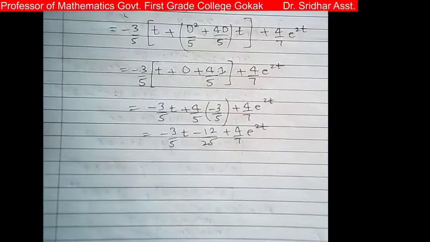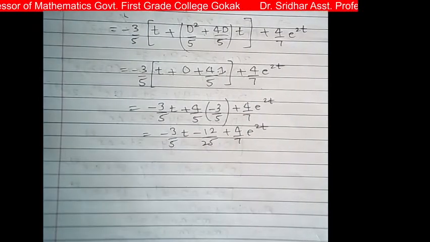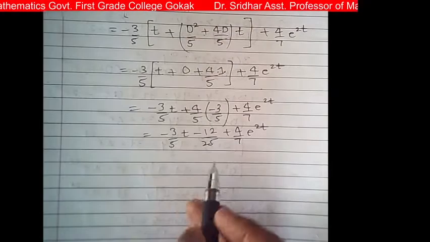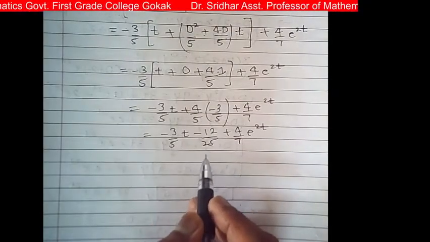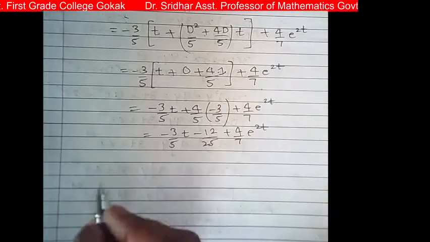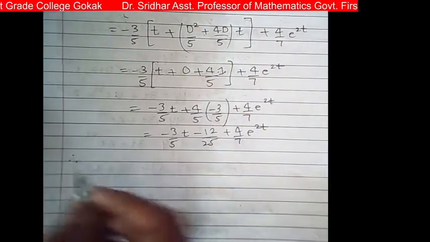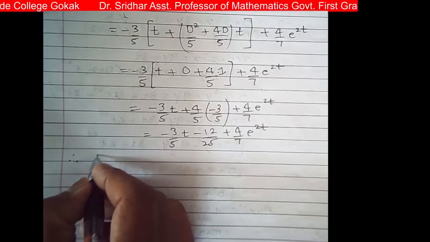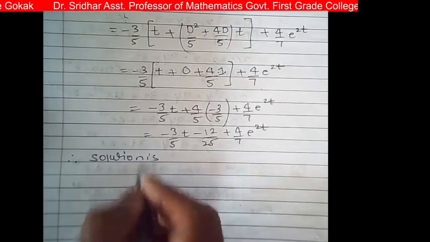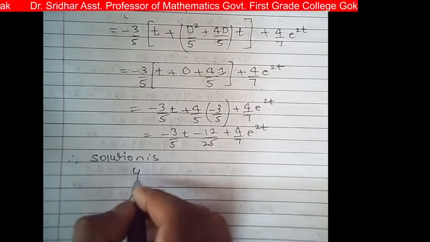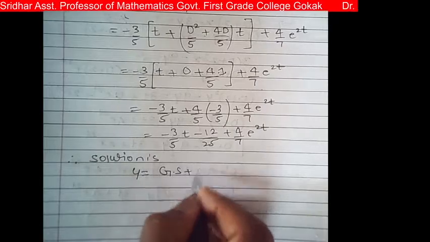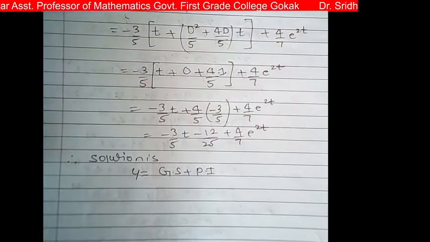Okay, this is the particular integral we obtain. So now, therefore, the solution is y equal to general solution plus particular integral.